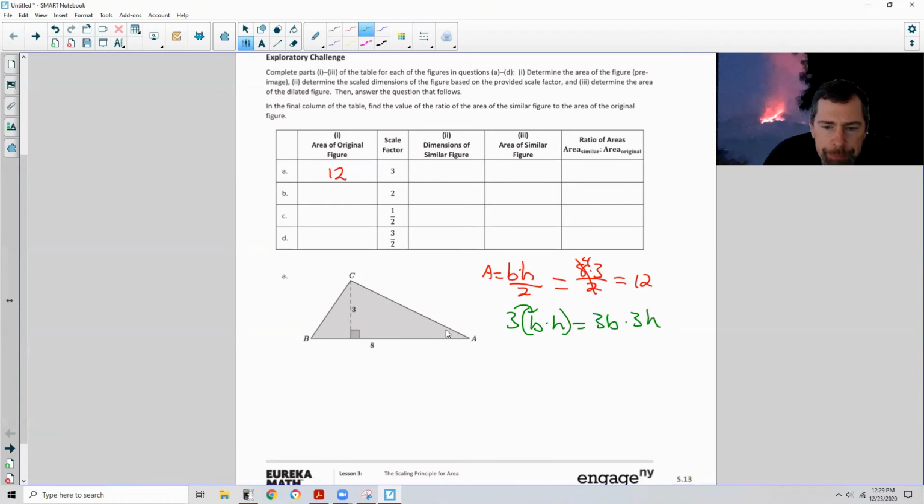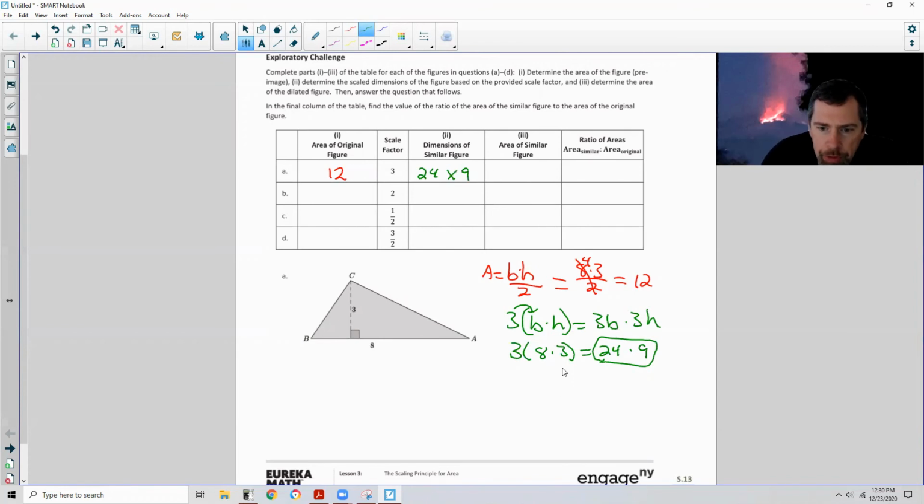So if we triple it, and the base is 8, the height 3, I distribute it, I get 3 times 8 is 24, and 3 times 3 is 9. So the dimensions of the similar figure are 24 by 9. So I'll put that right here. 24 by 9.